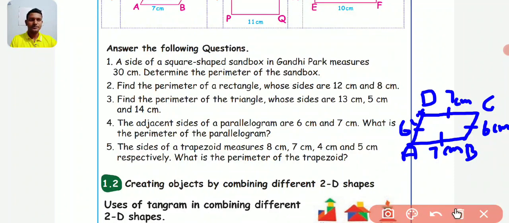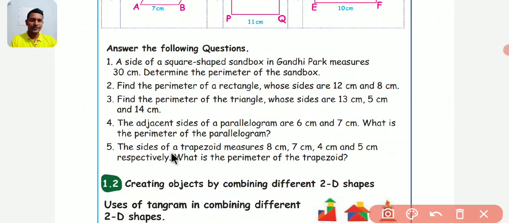That's all. Next, the sides of a trapezoid measure 8 centimeter, 7 centimeter, 4 centimeter and 5 centimeter respectively. What is the perimeter of the trapezoid?